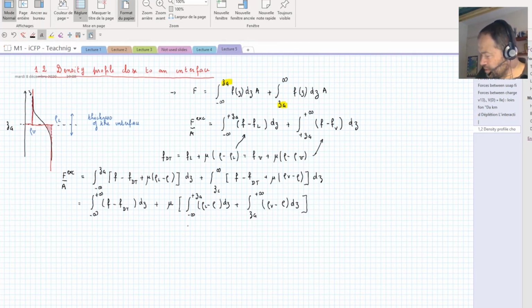This is this area, so it is plus the red area here on the curve, and here it is minus the blue area. So how can we interpret this quantity?